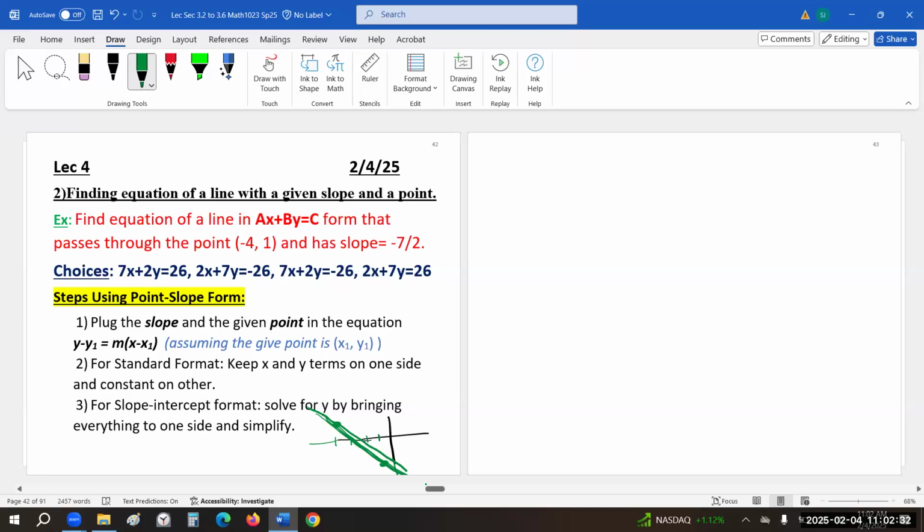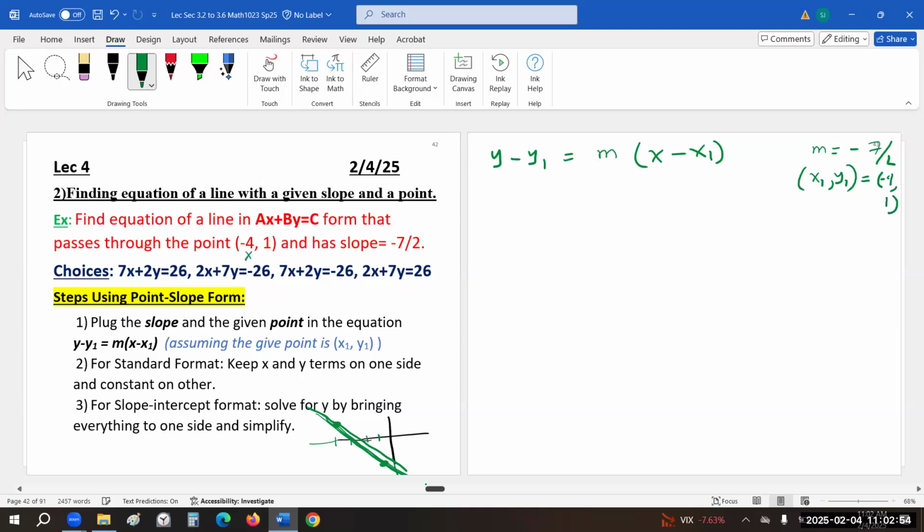So point slope format says y minus y1 equals slope times x minus x1. Our slope is negative 7/2 and they gave us x1, y1 as negative 4, 1.